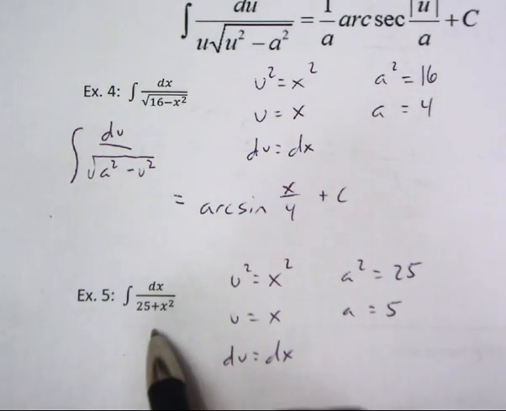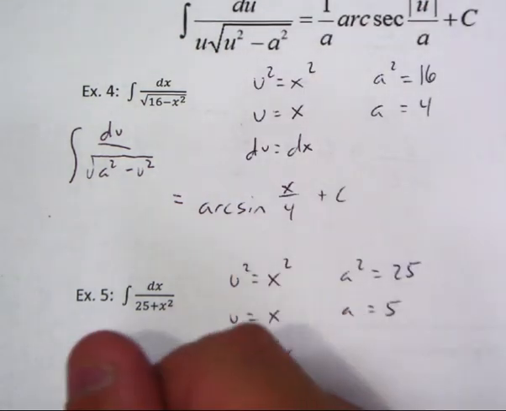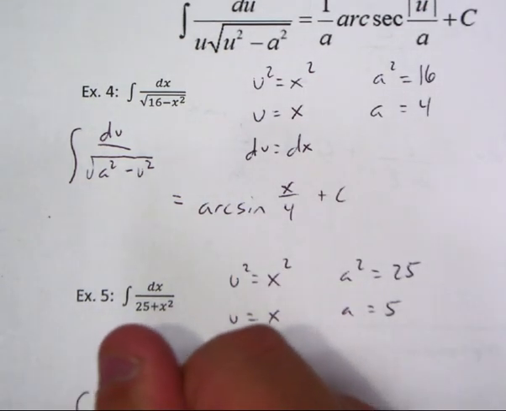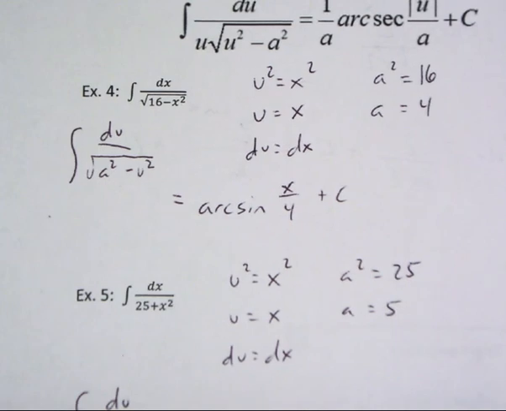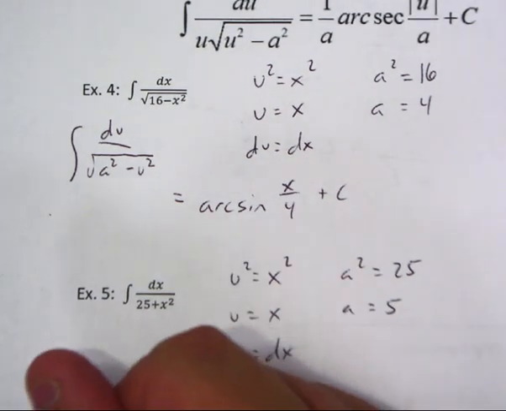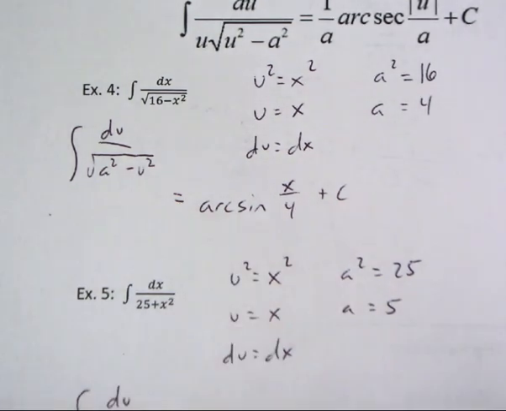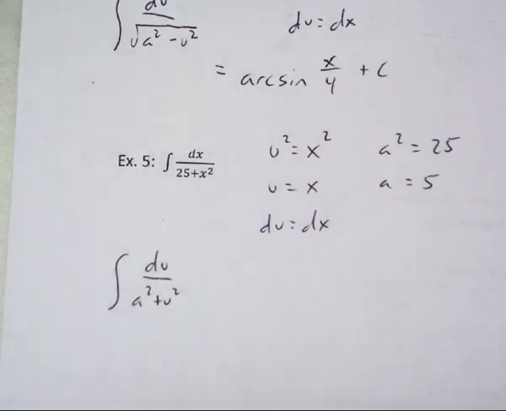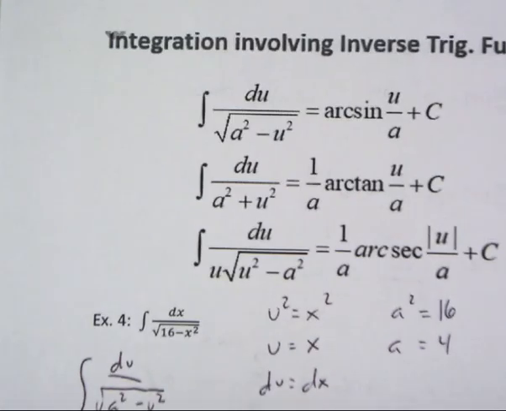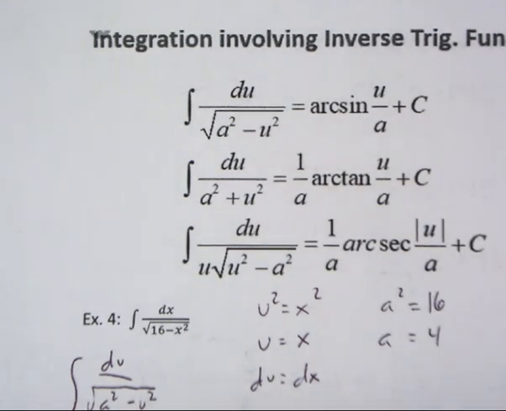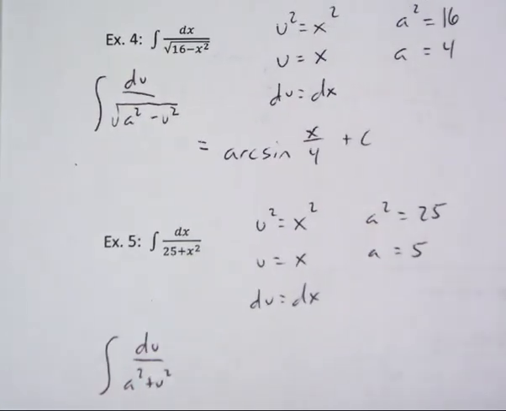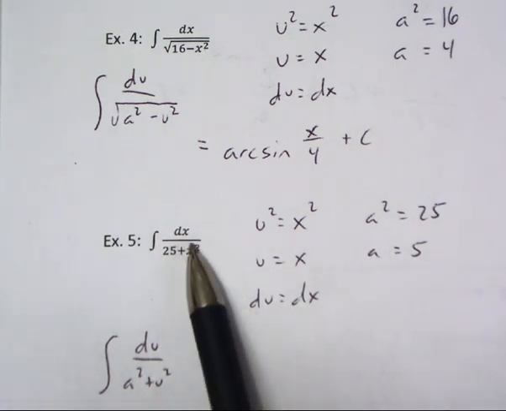So I could rewrite this to match up this form up above. This would be the integral of du over, and then it's going to be a squared plus u squared, which is the exact same form as what I have up above. So now I can use this direct formula right here. Like I said, these are as basic as I can make these. And that's why it doesn't look like there's anything weird going on. It looks like, why are we even going through this whole process?